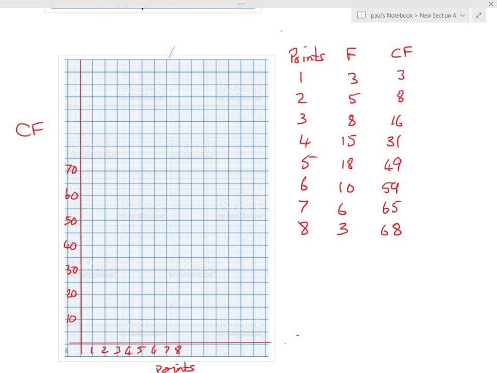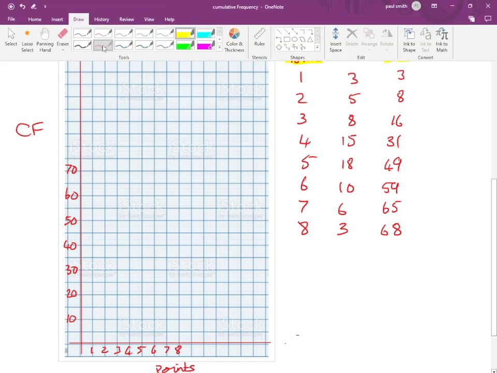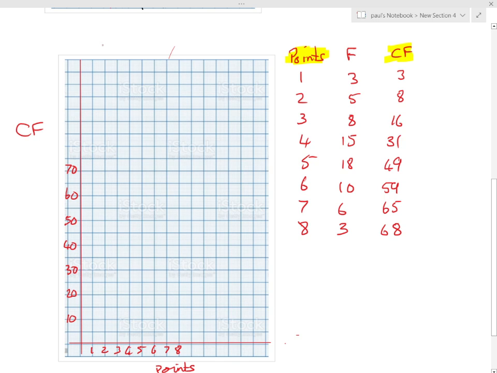So again we need to use the points and the cumulative frequency for our coordinates. And we've got 1 point and 3 down there, 2 points and 8. These are worth a lot of marks because it takes so long to do this. 4 and 31, 5 and 49, 6 and 59.